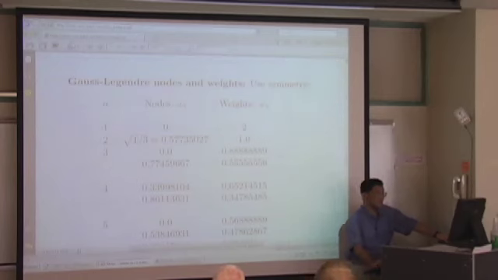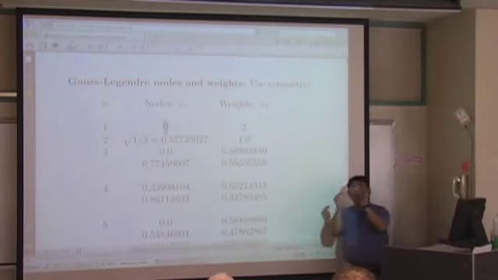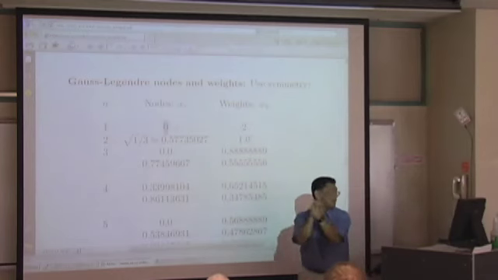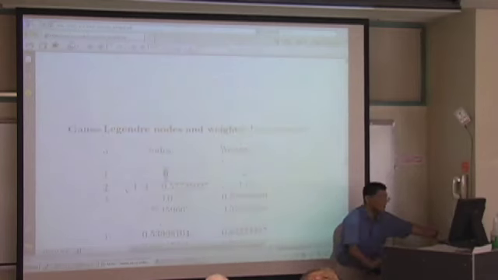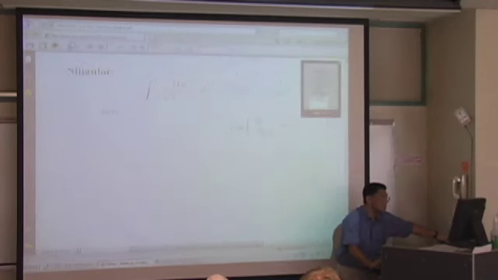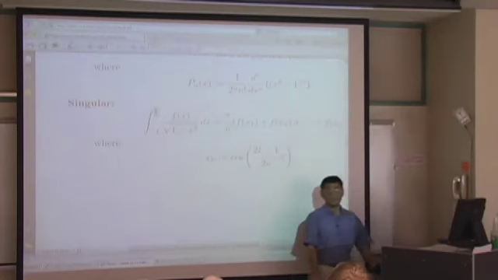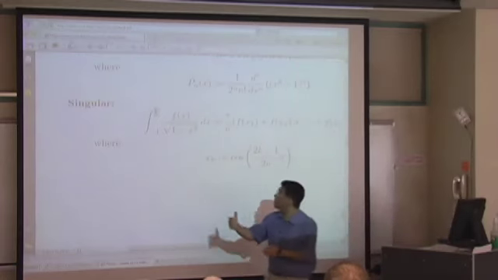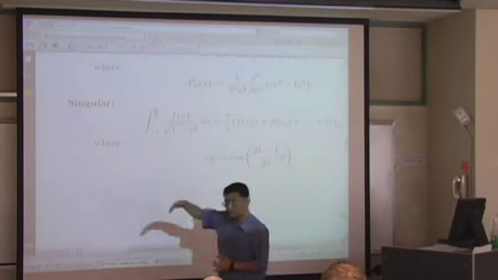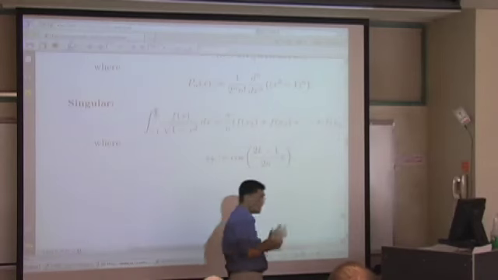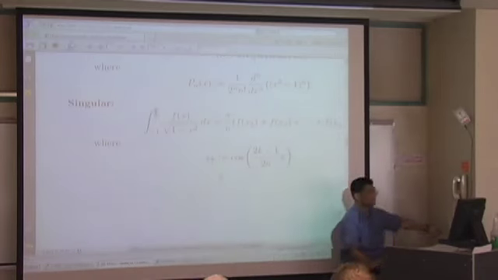For 1 point, you should have the node point 0. In other words, f of 0 should be calculated. This table is made for the integral from negative 1 to 1. Later I will let you know the way to vary this interval. But right now we are focusing on this.